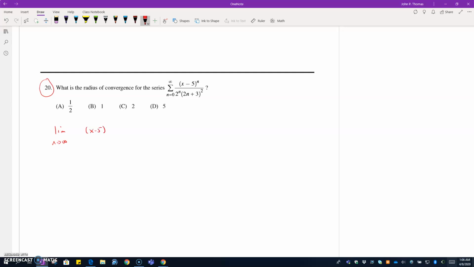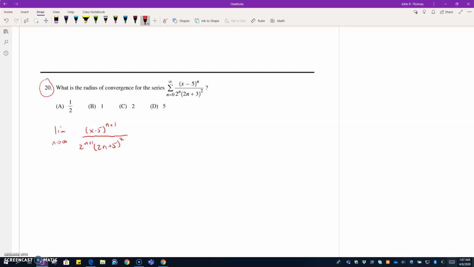So x minus 5 to the n plus 1 over 2 to the n plus 1 times 2n plus 3 to the second. Oops, I need to replace that n as well. Sorry about that. If I plug in n plus 1 in there, that's going to be 2n plus 2 when I distribute, plus 3 is 2n plus 5.